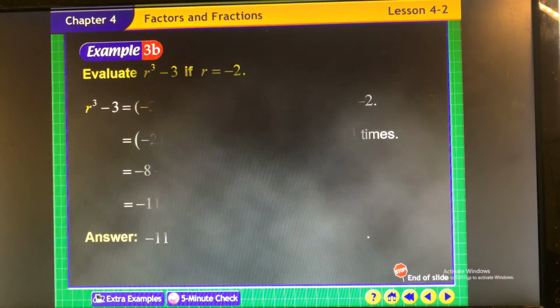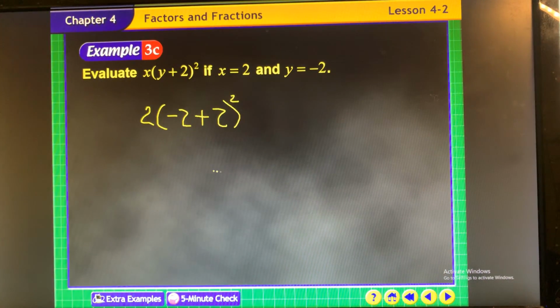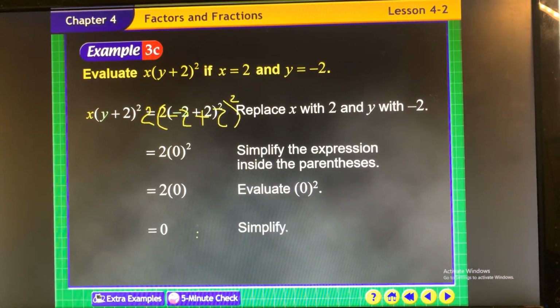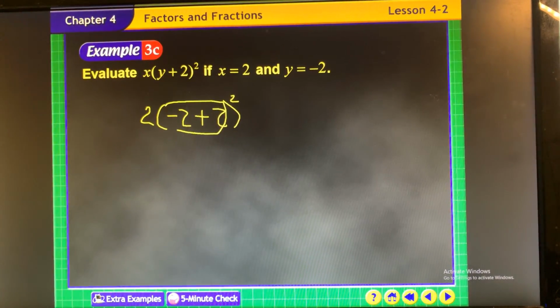So that's evaluating. This becomes 2 times -2 plus 2 squared. 5 seconds to solve it. 4, 3, 2, 1. Hopefully you said 0. Because right here, you should have seen this is additive inverses, and additive inverses make it 0. And any multiplication with 0, 0 property is 0.